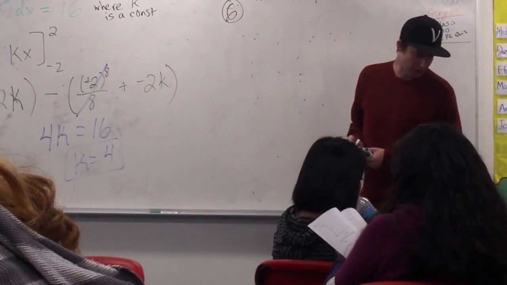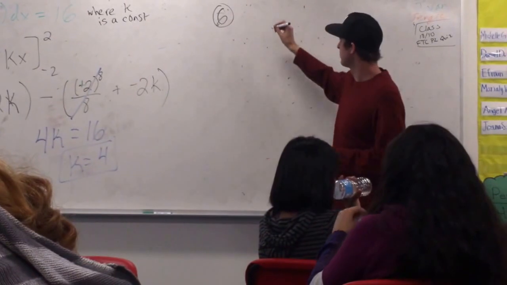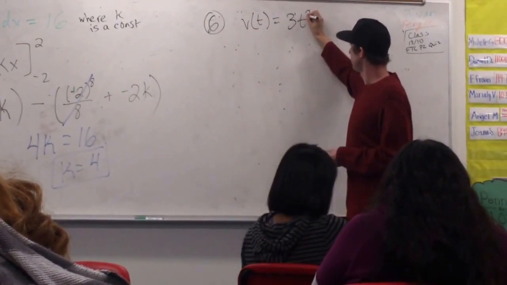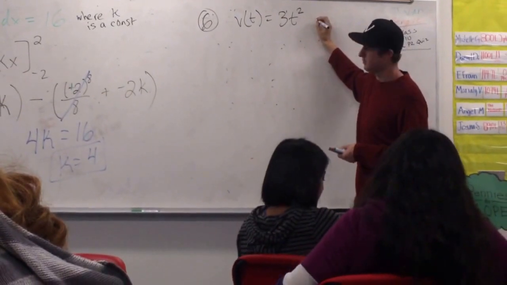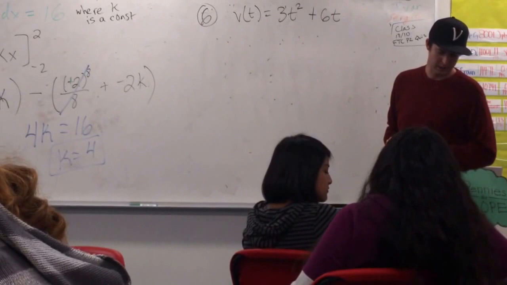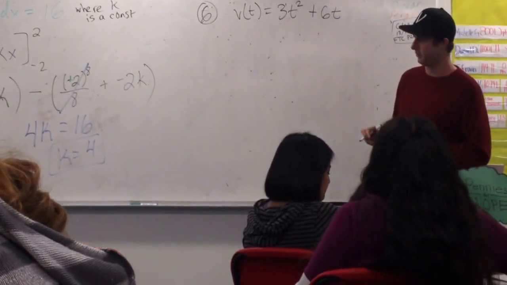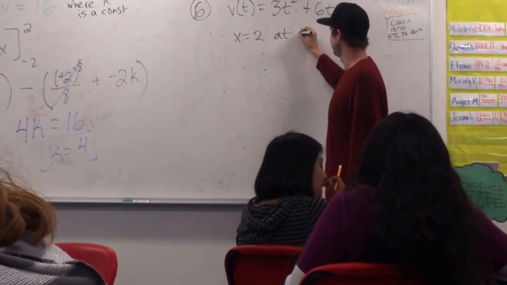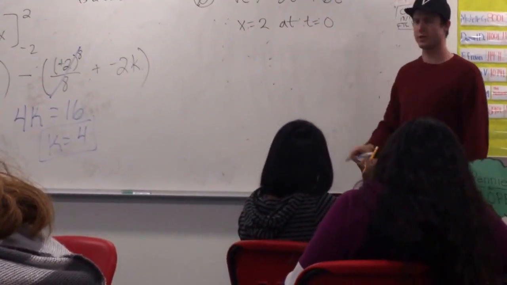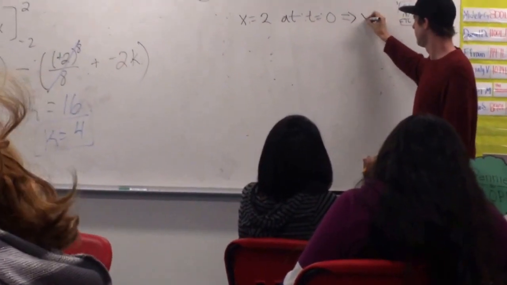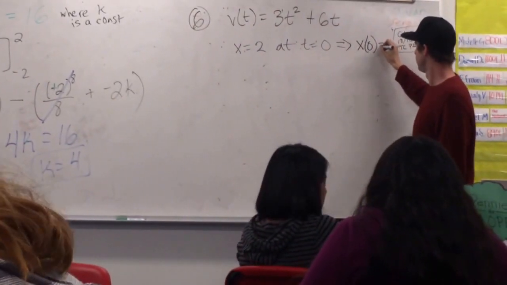So a particle moves along the x-axis with a velocity of 3t squared plus 6t. And it says if the particle is at position x equals 2 at t equals 0, you can rewrite that as x of 0 equals 2.